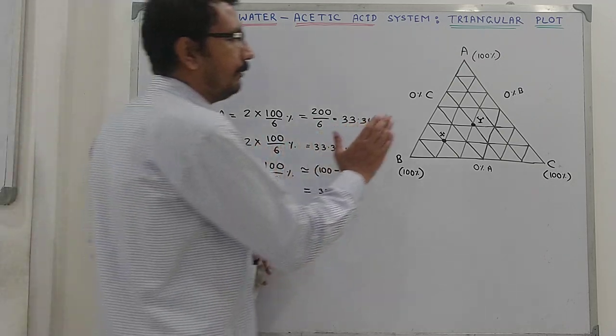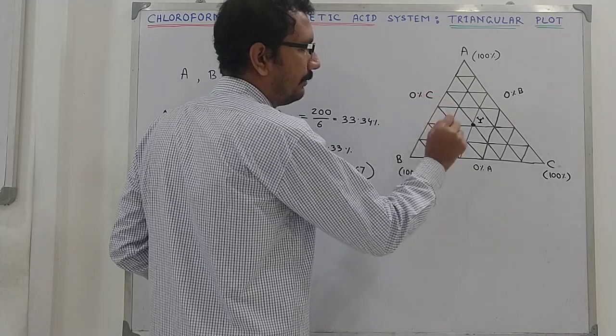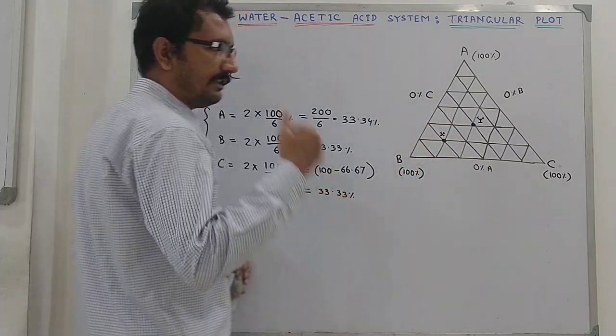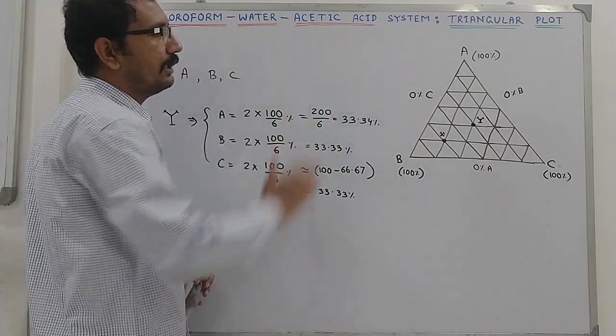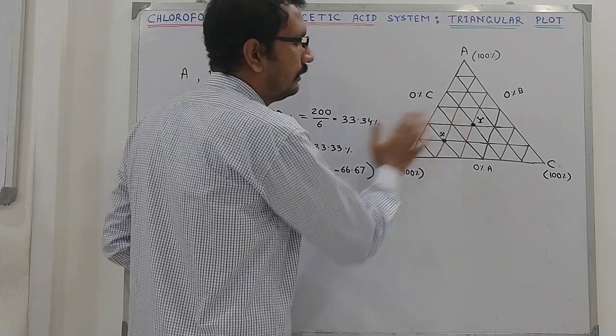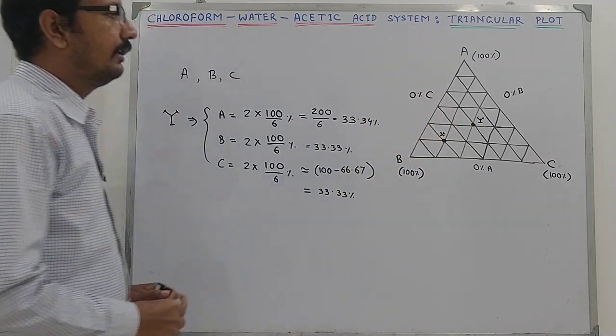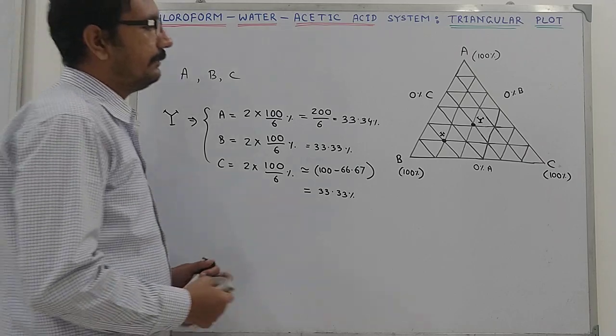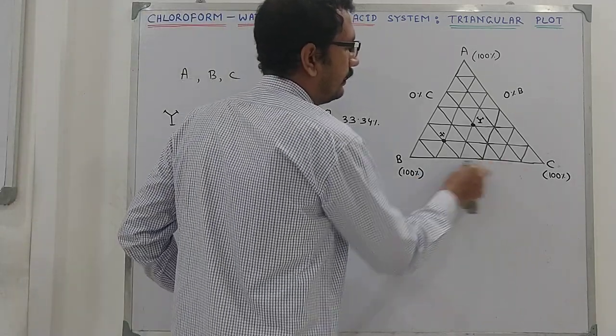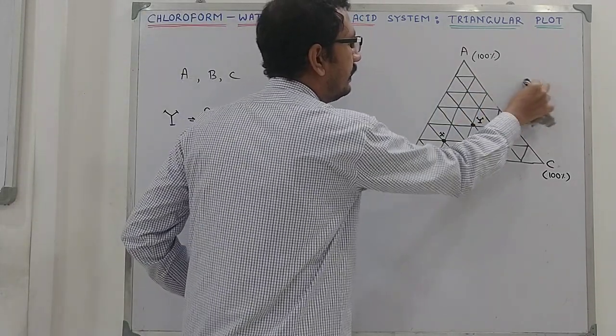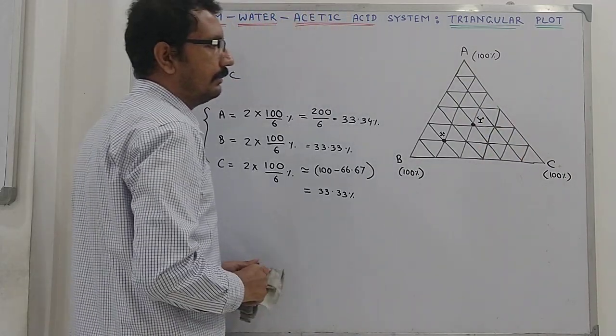So in this way you can determine the composition of, or express the composition of, this 3 component system just by looking at this plot. Now see one thing, these lines are called the tie lines.